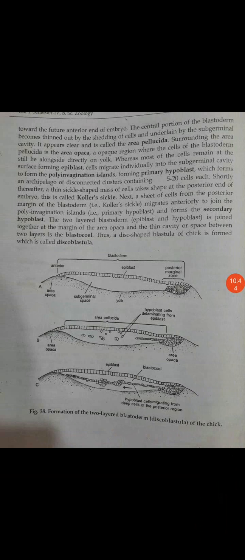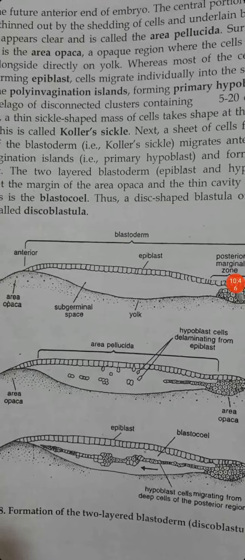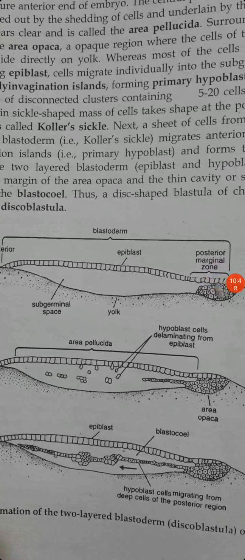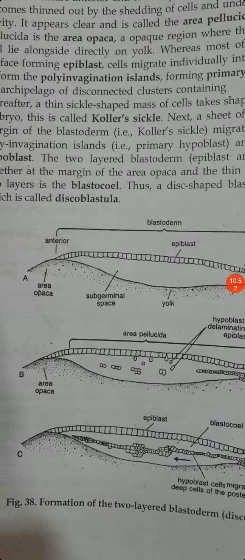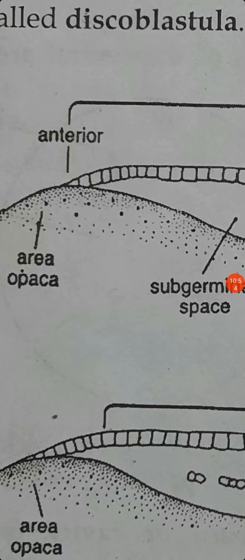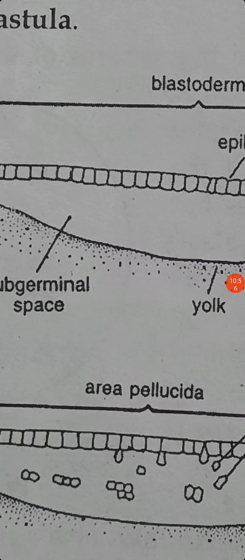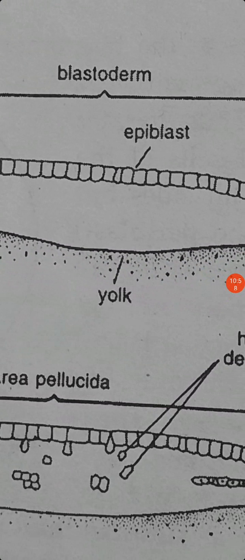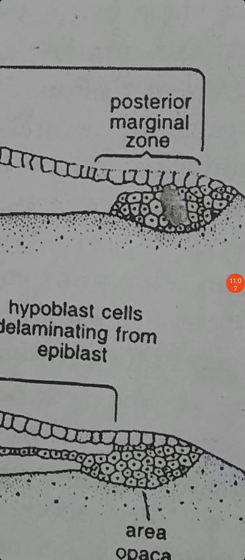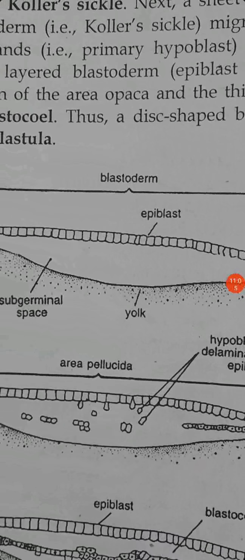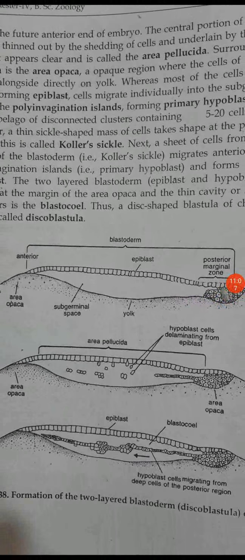Now here, when you see the structure, this is the LS cut. You can see here the area opaca, and here yolk is there. The upper layer is called epiblast, posterior marginal zone, and this type of blastulation occurs in the blastodisc of the hen's egg.